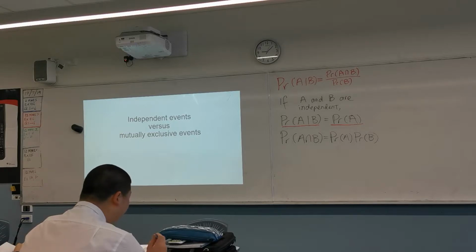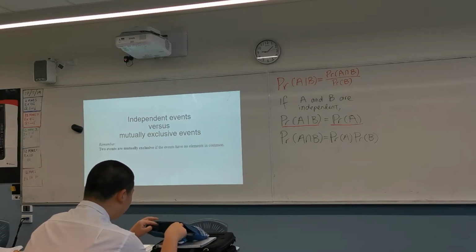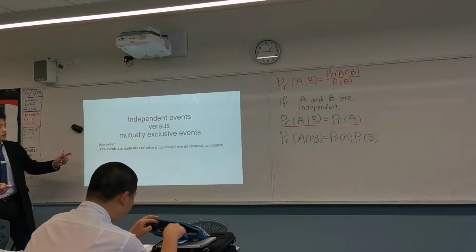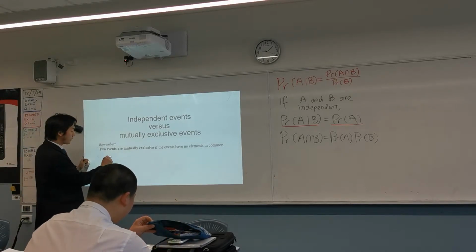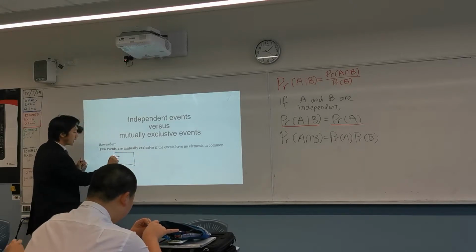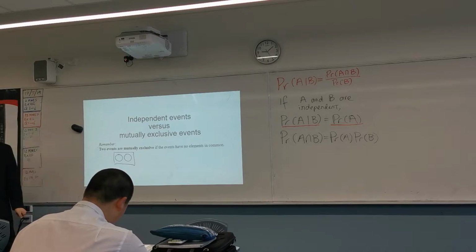Independent events compared to mutually exclusive events. If you understand what mutually exclusive events are, it might seem similar to independent events. So just briefly, two events are mutually exclusive if they have no elements in common. As a Venn diagram, those circles are separate from each other.